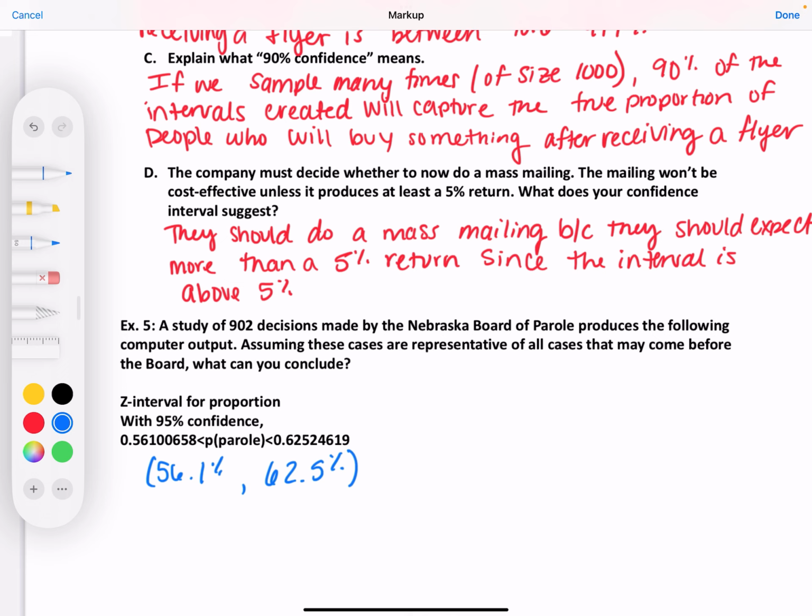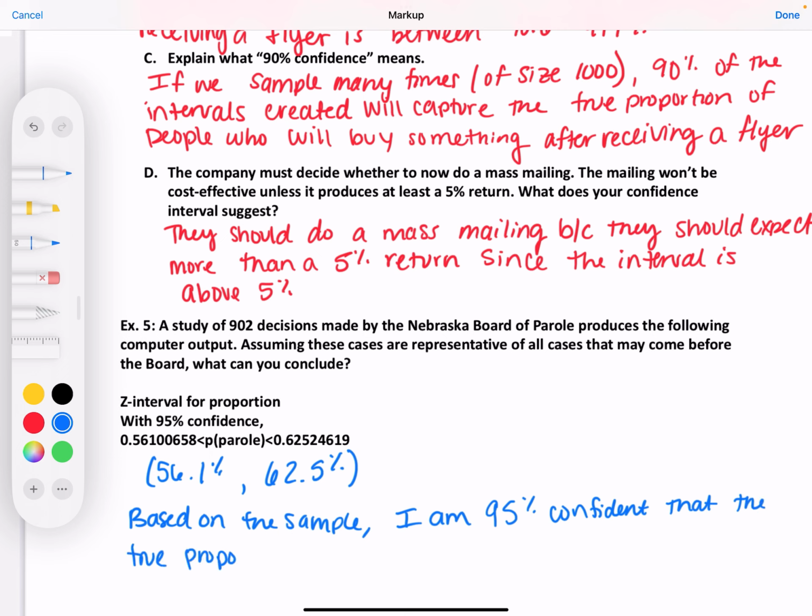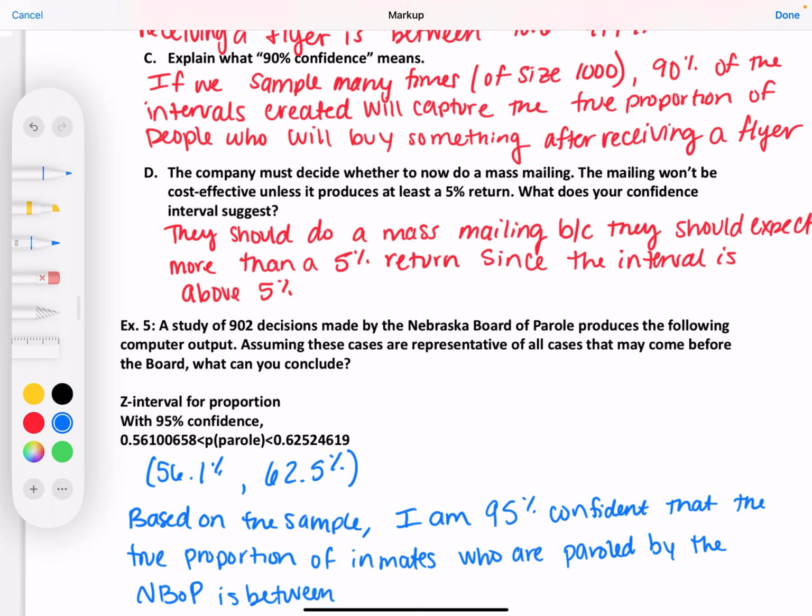So just to conclude this, based on the sample, and we don't have to know anything else, I am 95% confident, because that's what they used, that the true proportion of inmates who are paroled by the, and I'm just going to abbreviate it, NBOP, is between 56.1% and 62.5%.